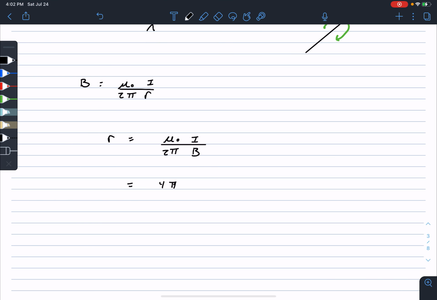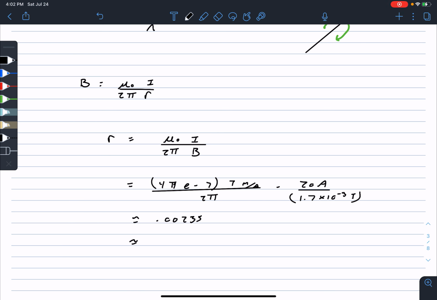This is 4 pi times 10 to the negative 7 Tesla meters per amp times 20 amps over 1.7 times 10 to the negative 3 Tesla times 2 pi. This gives us a value of around 0.00235, or 2.4 millimeters.